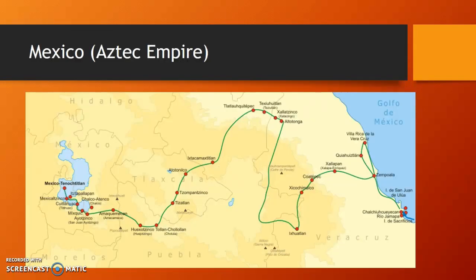Then the next place chronologically is when the Spanish conquered what we know as Mexico, but was then known as the Aztec Empire. That's why I put Aztec in parentheses, because you'll probably hear that more than saying Spain conquered Mexico.